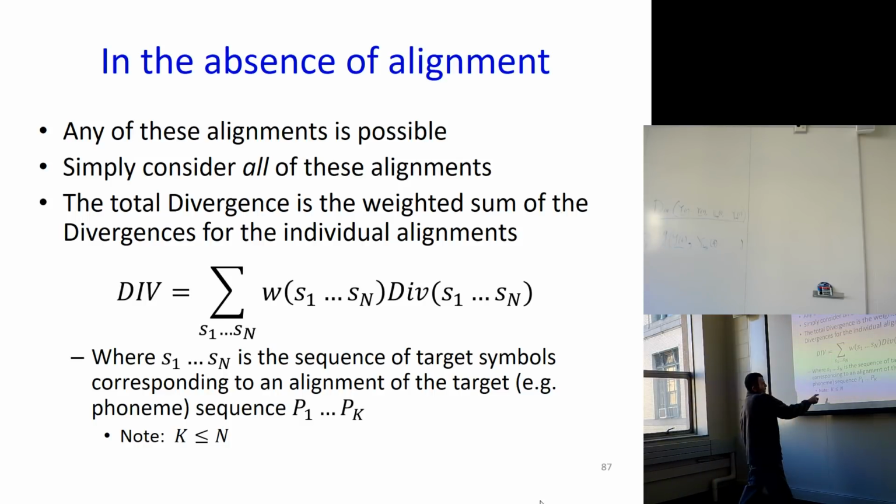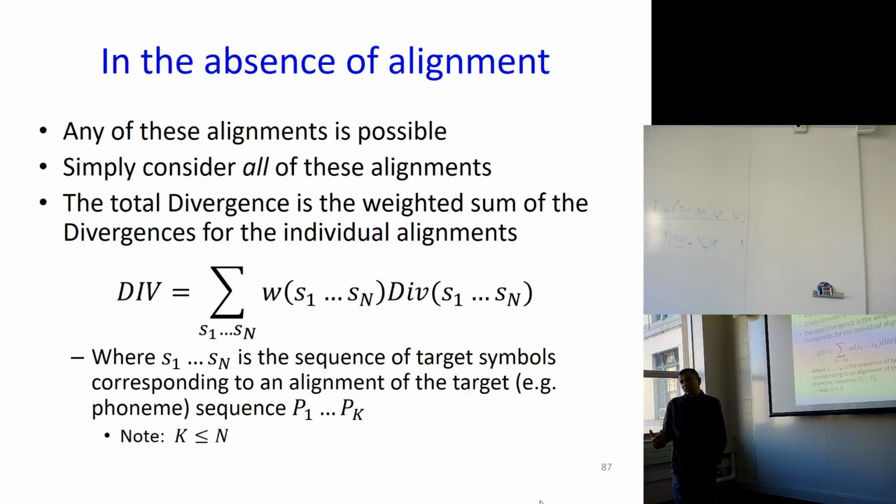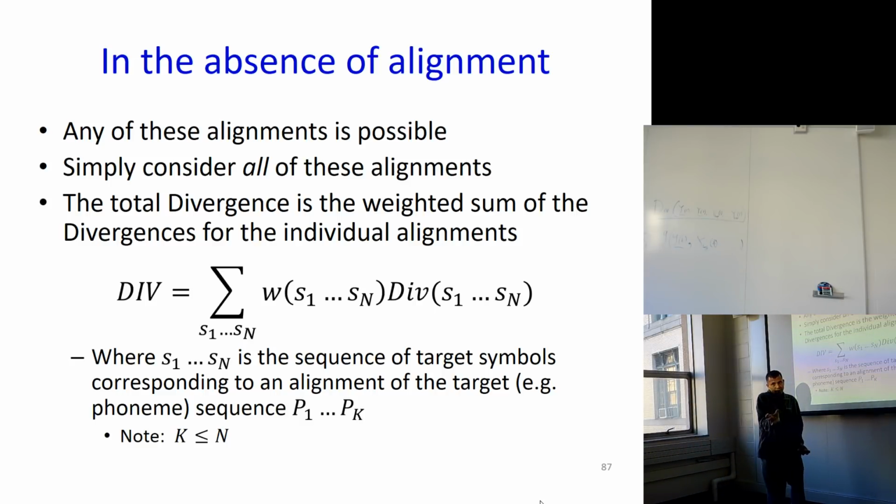So if I were to write it like so, this S1 through Sn, the reason I'm actually not completing this today is that the notation got to be tedious. I've got to figure out what is the simplest way of presenting this, but S1 through Sn is an alignment, which means it's actually a sequence of symbols, right? Phoneme, phoneme, phoneme, or character, character, character, whatever else it might be. But there are many possible sequences corresponding to a given high-level sequence, right?